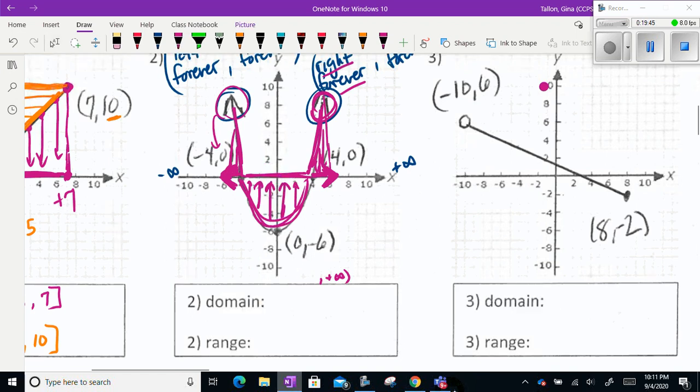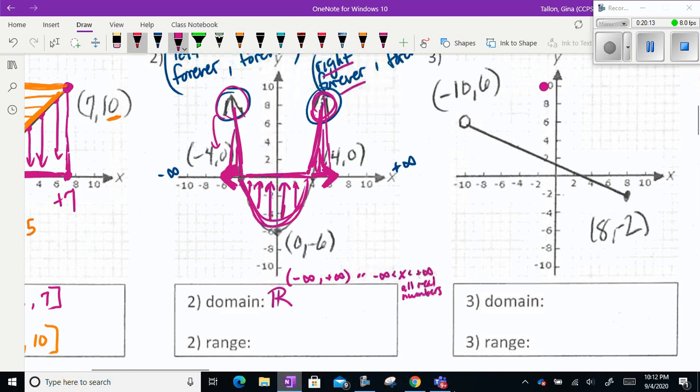Or you can say negative infinity is less than x is less than positive infinity. Or you can say capital R with a bar in it, and that means all real numbers. So I'm just going to leave that capital R with the double bar.